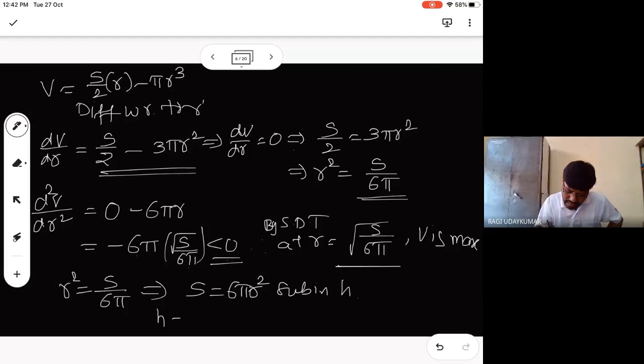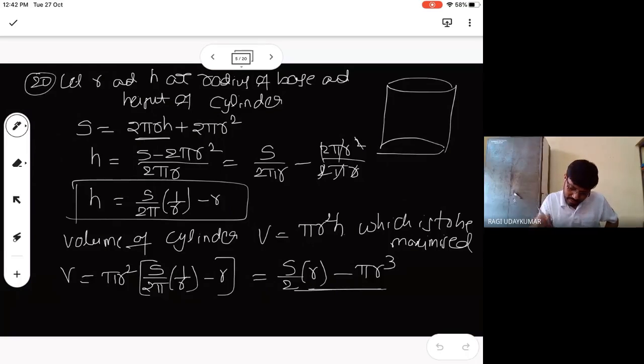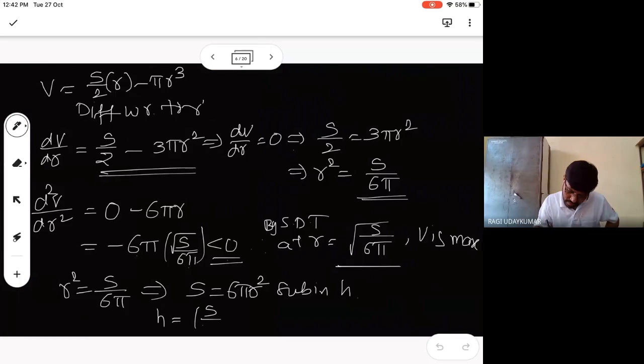H is equal to S by 2 pi into 1 by r minus r. Substitute in this, in place of S, 6 pi r square, because we need a relationship between height and radius. So 6 pi r square by 2 pi into 1 by r minus r.